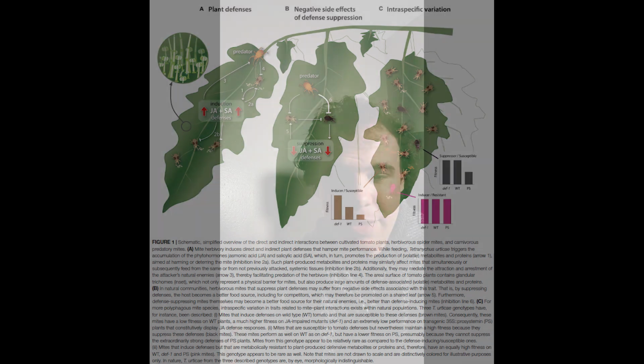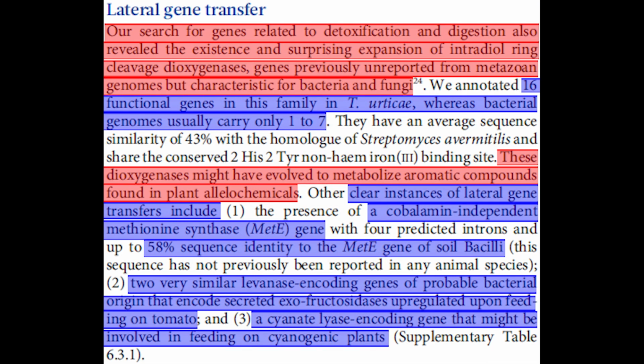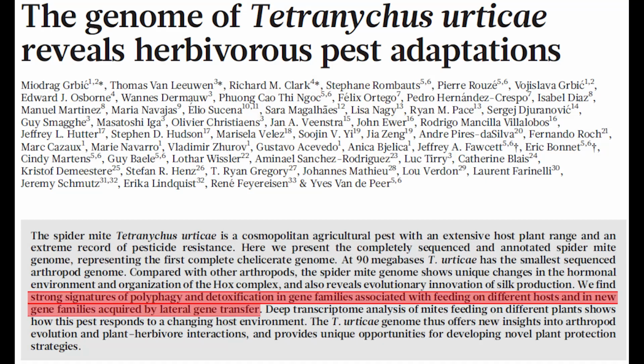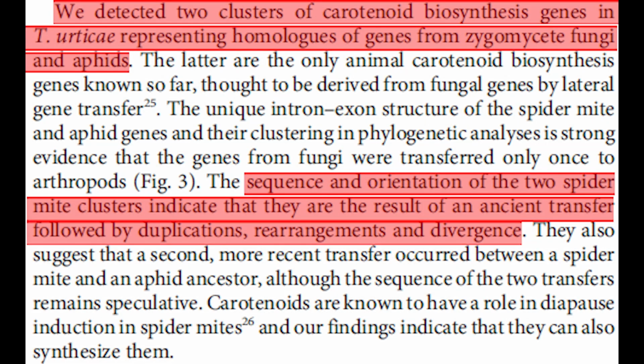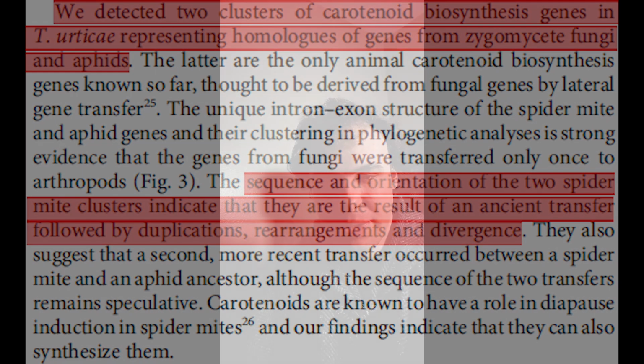And they even have a few genes from bacteria, and I think even fungi, that allow them to break down plant defenses in a way that other organisms, other insects and herbivorous mites do not have access to, as a result of horizontal gene transfer. Those mobile genetic elements I was talking about earlier can have very, very massively effective disruptions to those ecological interactions.